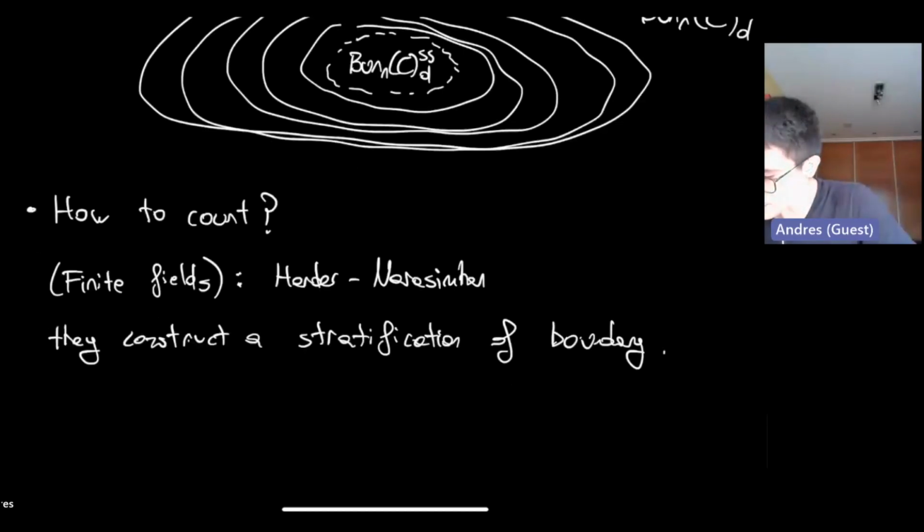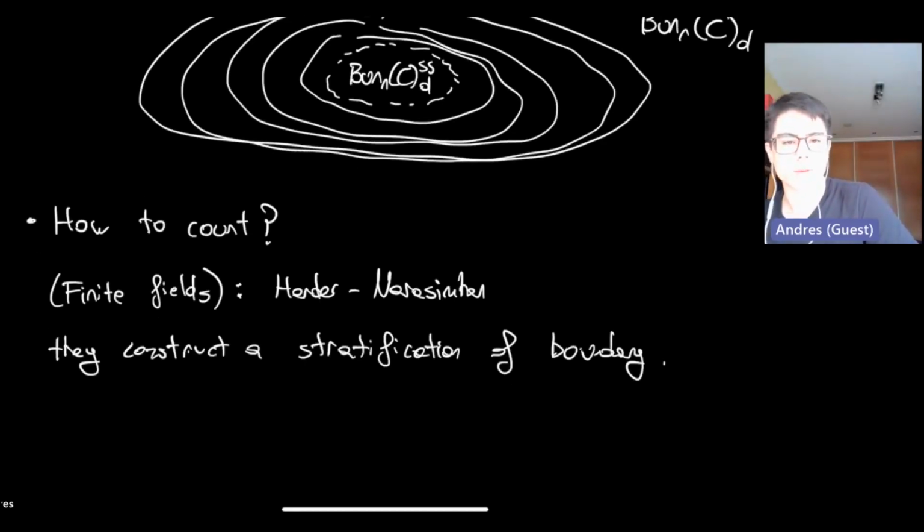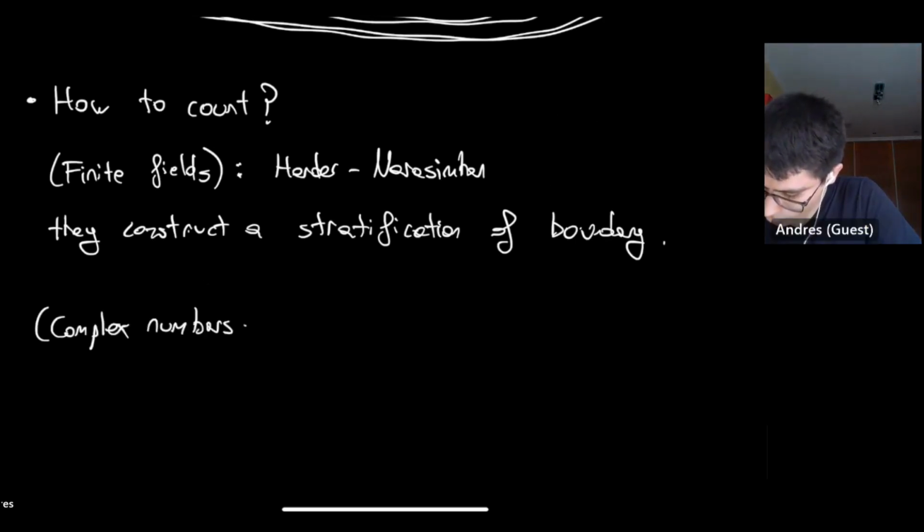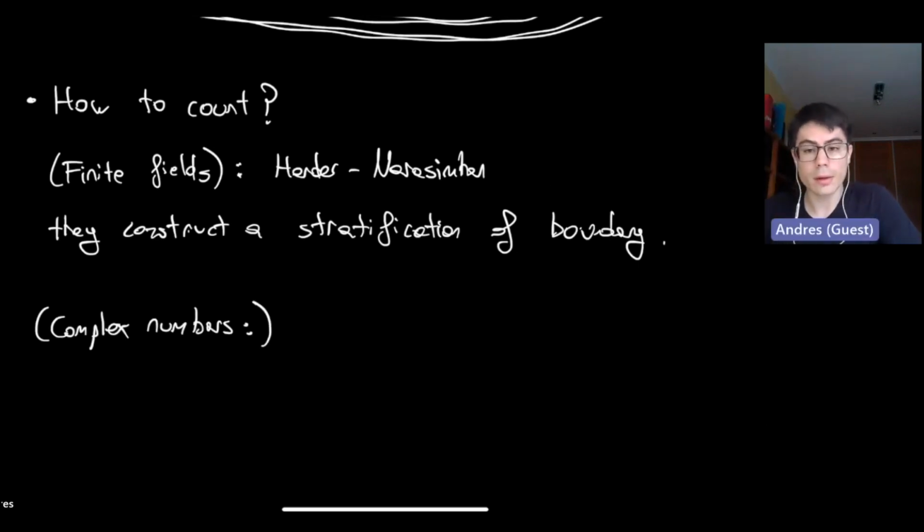Okay, so that's over finite fields, but it turns out that this strategy over finite fields can also yield analogous counts over the complex numbers. So over the complex numbers, well, I'm just going to stick to the K-theoretic picture. So how can we compute indexes of K-theory classes, or just sheaf cohomology of some nice sheaves on this moduli space of semi-stable vector bundles?